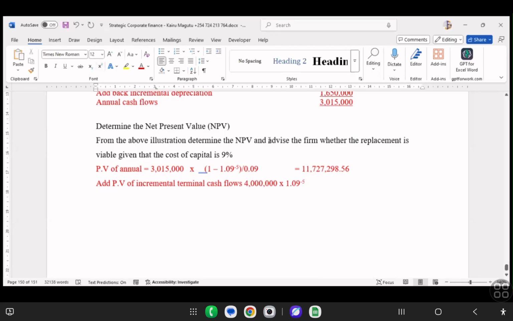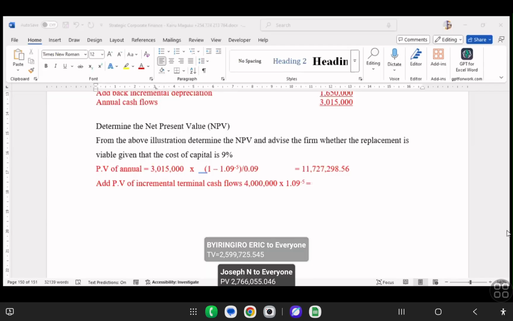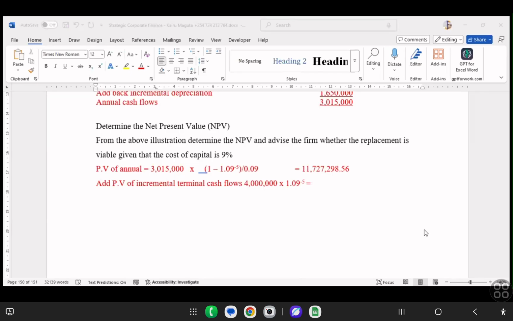So how much is this? Present value of incremental terminal cash flows. Someone to put that in the calculator and give me the answer. $25.99. Another one is giving $25.66. $27.66.